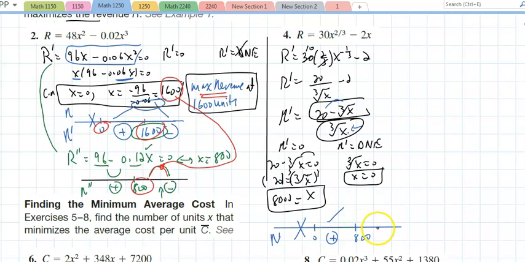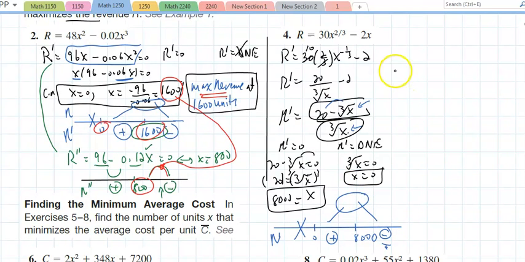And if I pick a point to the right of 8,000, say a million, that's 10 to the 6. So this is going to be positive, but the top will be negative. Positive over a negative is a negative. You have a maximum right there.